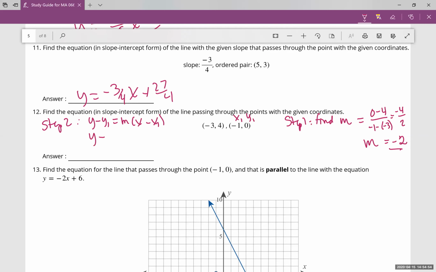So y minus 0 is equal to negative 2 times x minus negative 1. Y equals negative 2 times x plus 1. And then go ahead and distribute that. Y equals negative 2x minus 2. So y equals negative 2x minus 2.